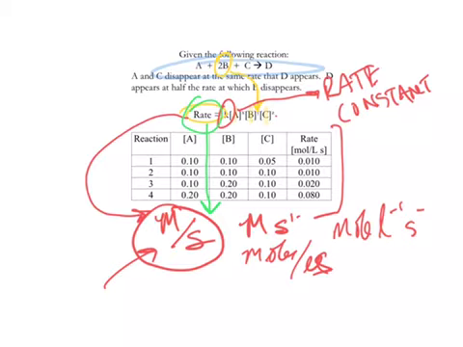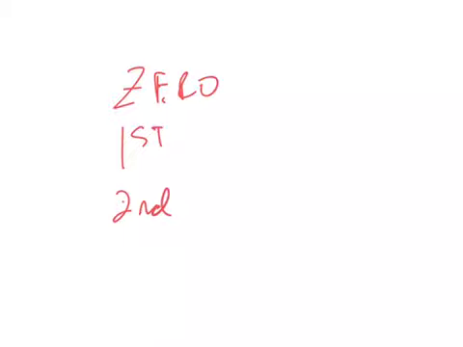So we're going to look at this happen. Let's say that we're going to look at three different options: zero order, first order, and second order.